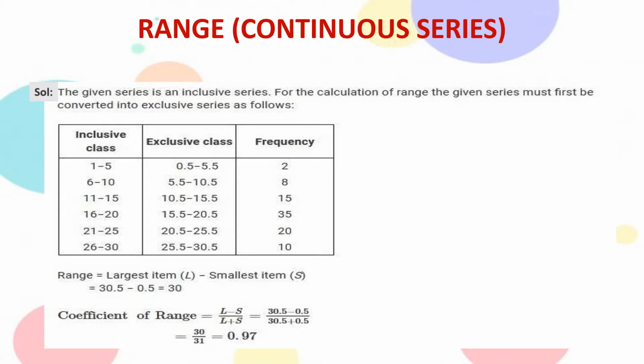So L is 30.5 and S is 0.5, and the formulas are the same here again to find out range and coefficient of range. After substituting the values of L and S into the formulas, finally we got range as 30 and coefficient of range as 0.97. So this is how to calculate the range in case of the inclusive and exclusive series.